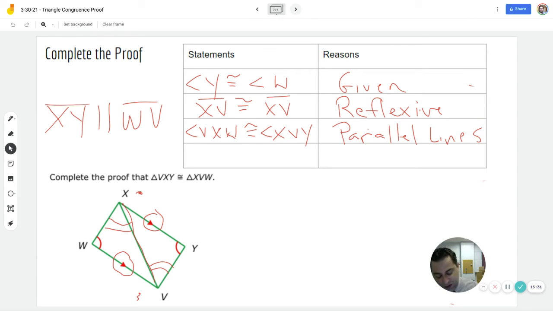And then they give me the congruent statement, triangle VXY is congruent to triangle XVW. And if I take a look, I have a given angle, the parallel line angle, and a side, so it's going to be angle, side.